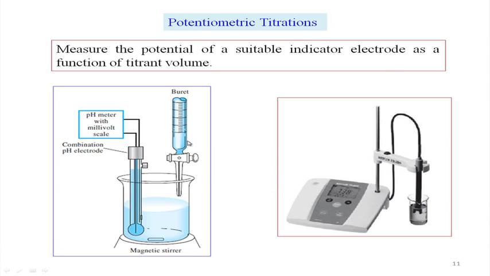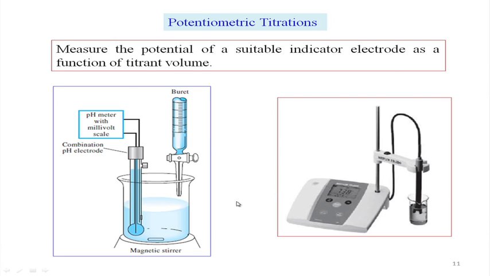After addition of 1 ml you record the corresponding pH value, after addition of 2 ml you record the pH value, and then the different values of pH that you get as data can be plotted against the different volumes of titrant added to the analyte taken in the beaker.